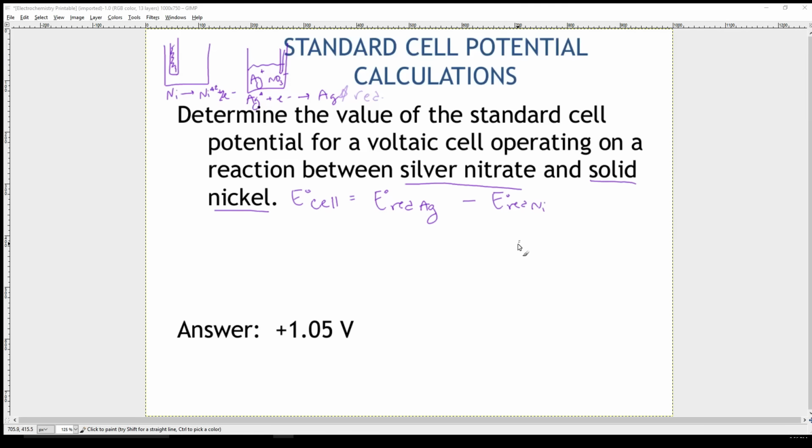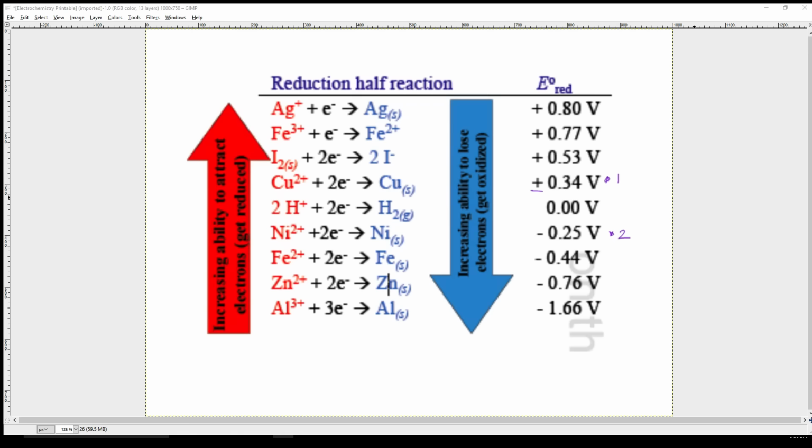So now I need to go back to my chart and find those numbers. Silver, here it is. There's silver, and nickel, I've already got it over here. There it is. So I'm going to take these numbers down. 0.80 and negative 0.25.